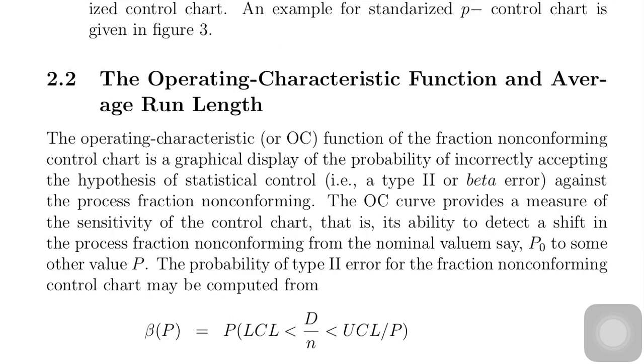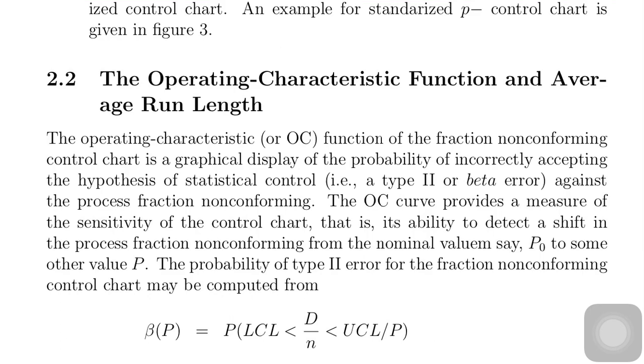Here we shall discuss the OC function and OC curve of a P chart. What is the OC function or OC curve? The OC function of any control chart is the graphical display of the probability of incorrectly accepting the hypothesis of statistical control, or this is nothing but type 2 error, or simply called beta error, when the true value of the fraction defective is given.